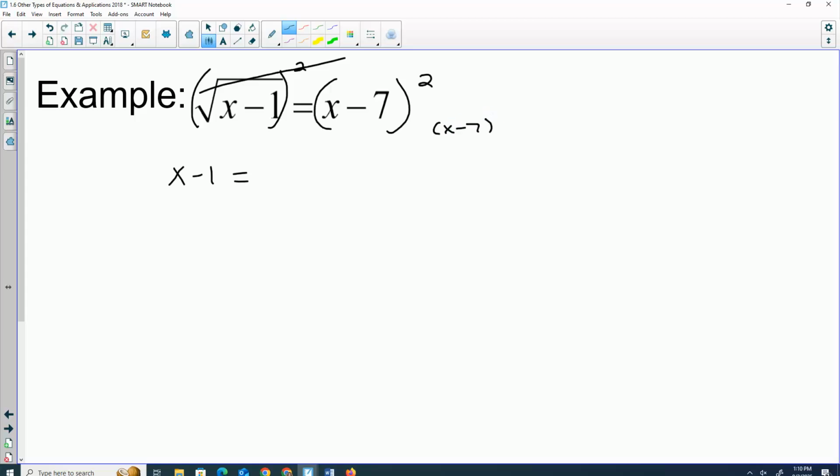Well, so I get x squared minus 14x plus 49. Right, we need it equal to 0. So if I subtract over my x and add 1.